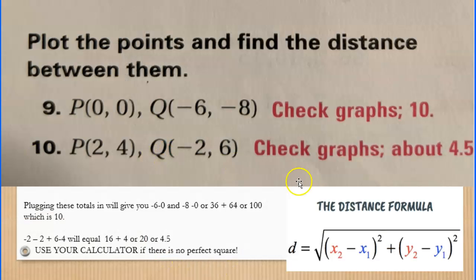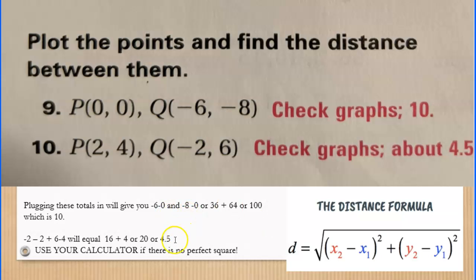Okay, let's move to the next ones, 9 and 10, and this is where we're going to use the distance formula. I've put it right down here in the corner for you. I strongly suggest that you have it in your note cards. I know I say that over and over again, and you get really tired of hearing it, but it is helpful to have.